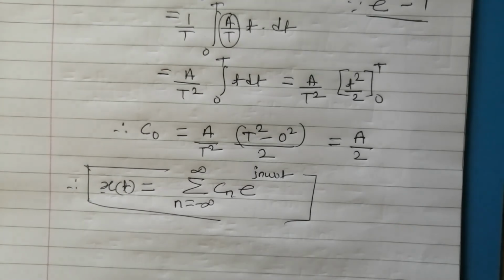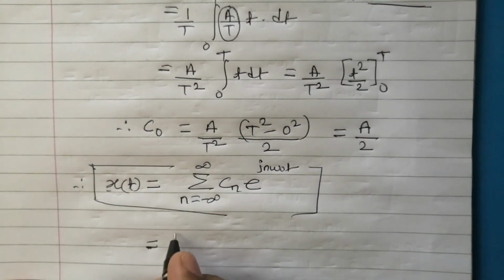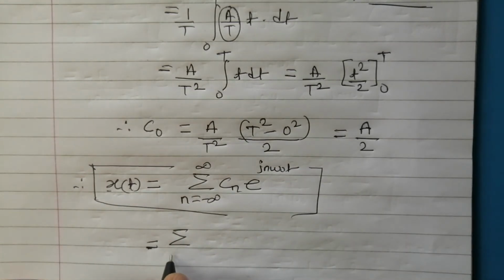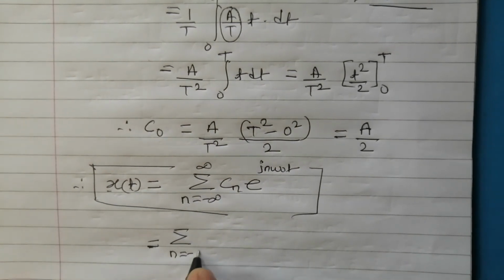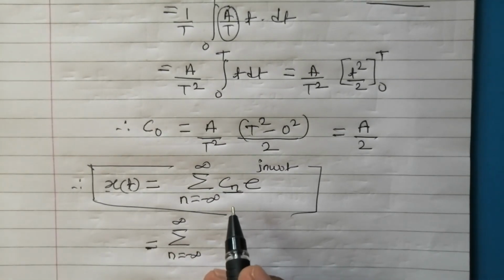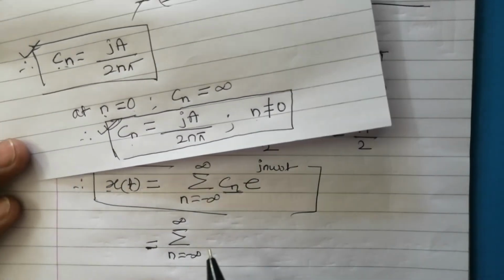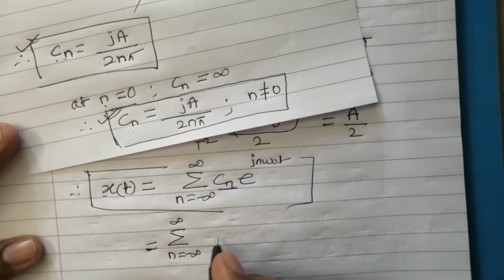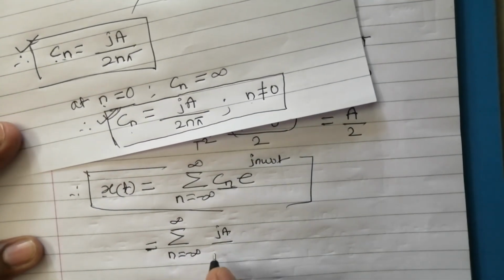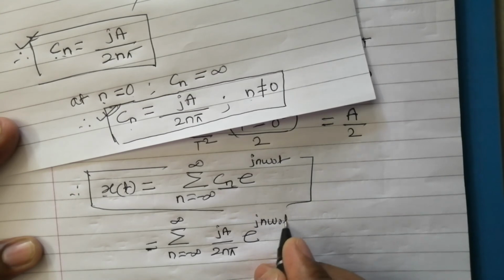So for the given x of t, we will write summation n equals minus infinity to infinity. What is the value of Cn? We have already calculated Cn. That Cn is jA upon 2n pi. So we will write here jA upon 2n pi, then e raised to power plus jn omega naught t.